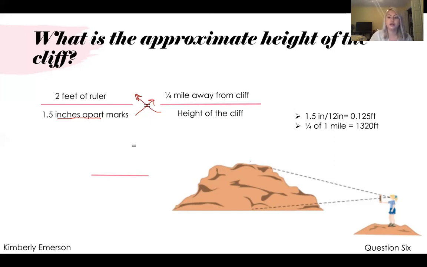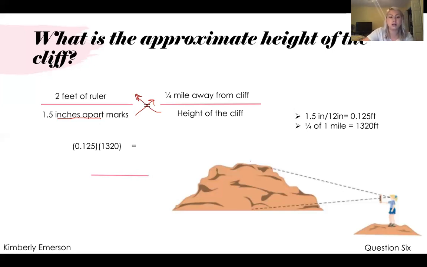And so now we're going to cross multiply that. We have our 1.5 inches, which is now 0.125 feet, times 1,320 feet, which was our quarter of a mile, the distance she was from the cliff.